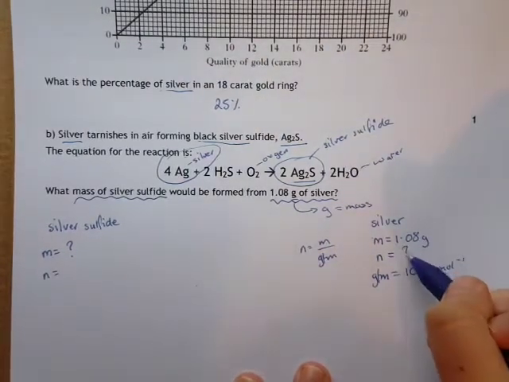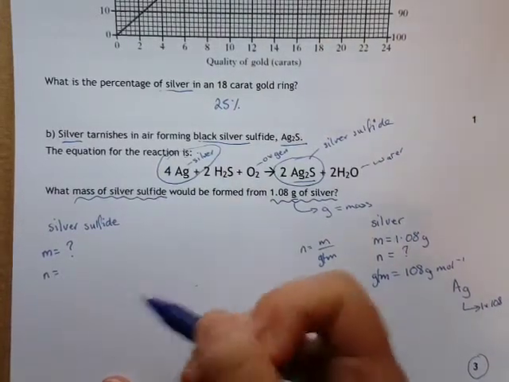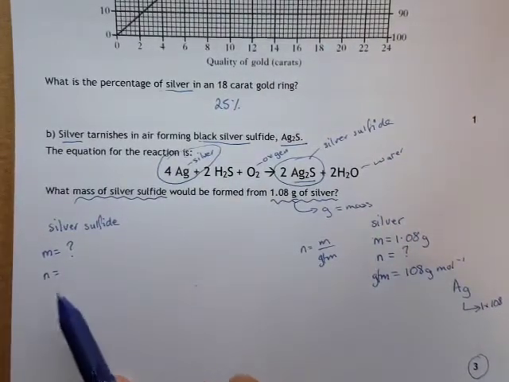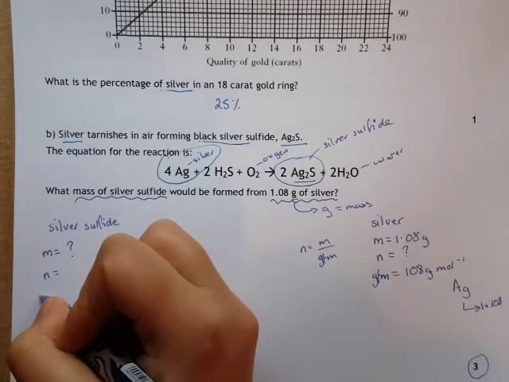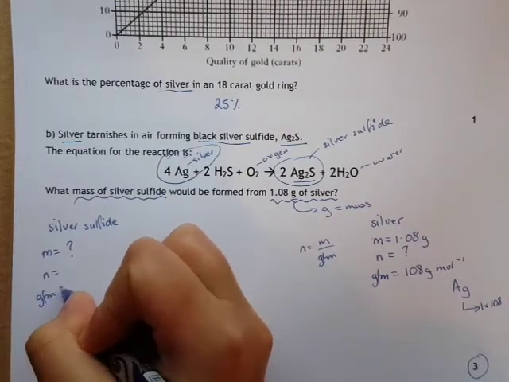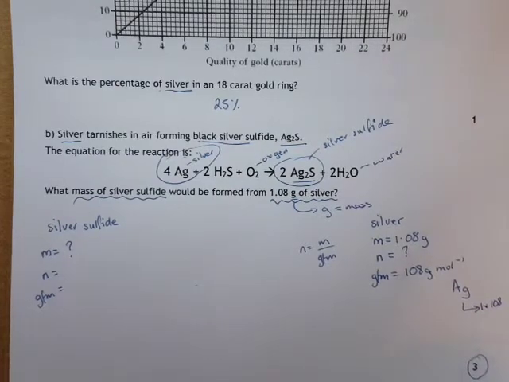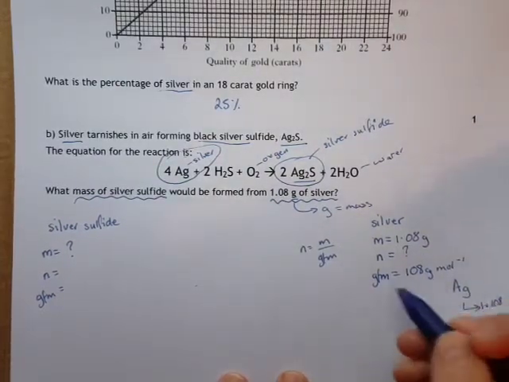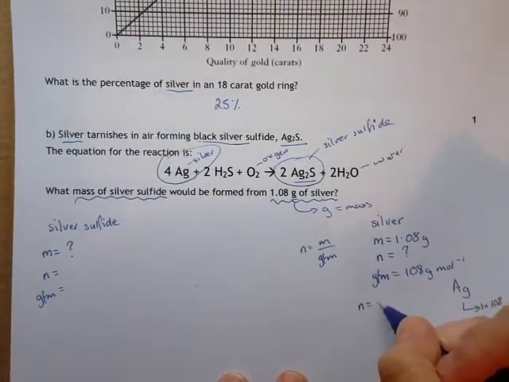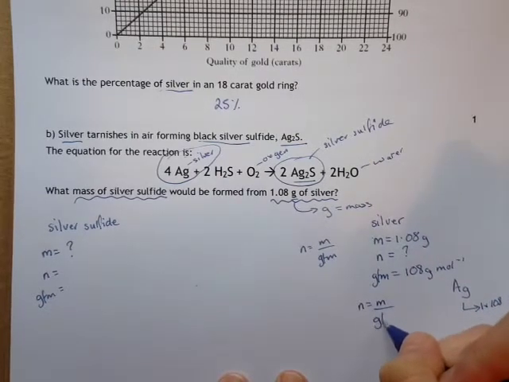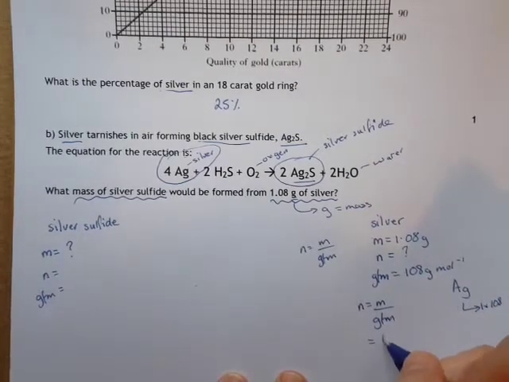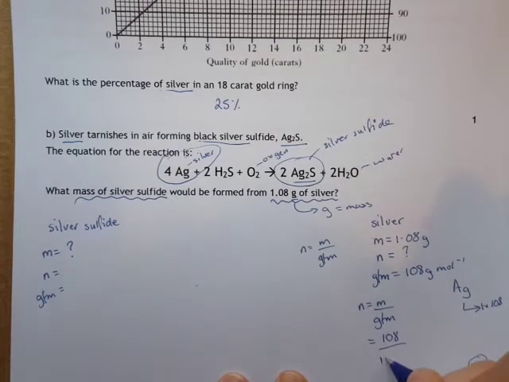So I'm looking for n, and at the moment I don't have anything about silver sulfide, but I'm probably going to need to use the same equation because I'm asked for the mass. So I'm looking for the number of moles of silver, n equals m over GFM, which is 108 divided by 1.08.